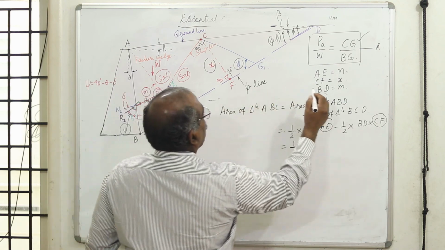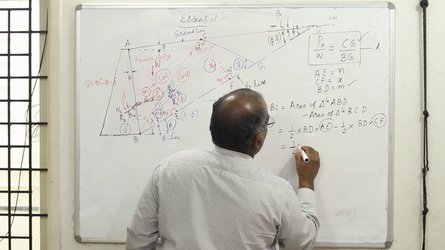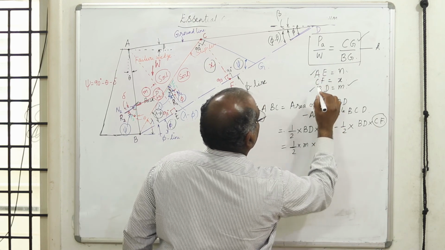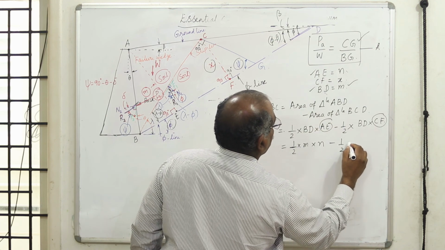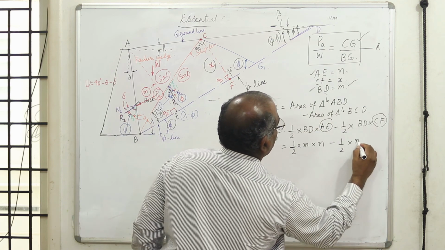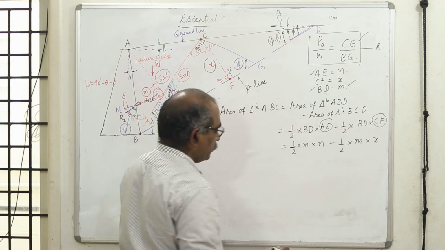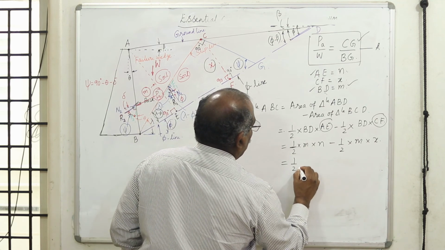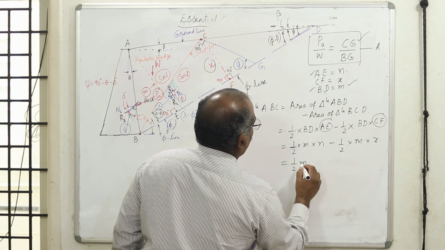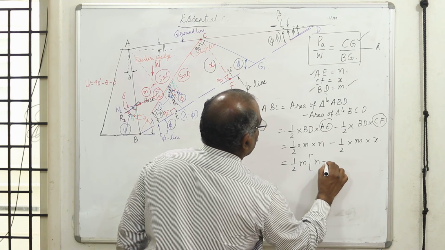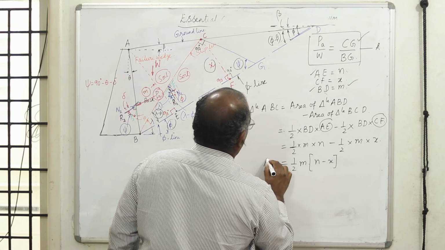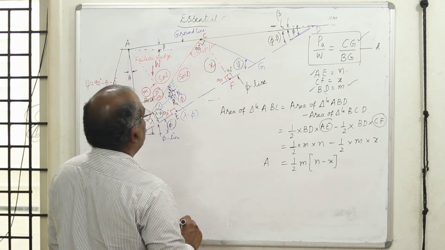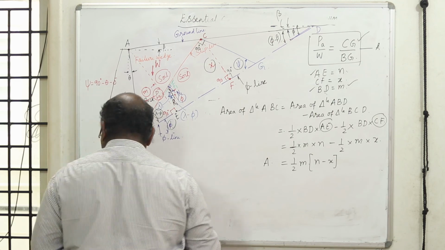BD is nothing but, already we have taken BD as M, half into M into AE is N, minus half into BD, which is again M, into X. Therefore, let us take the common term, half into M is the common, therefore it becomes N minus X. This is the area of the triangle ABC. This is the area of the wedge.